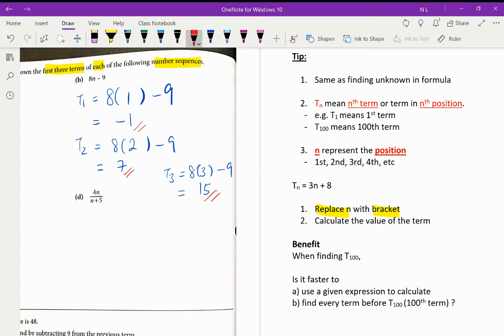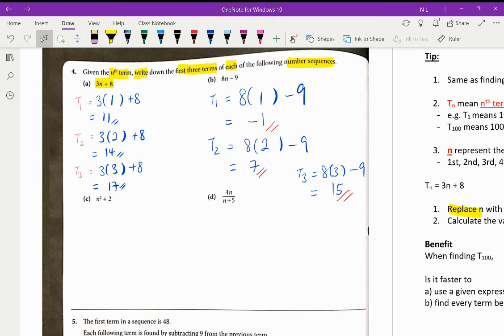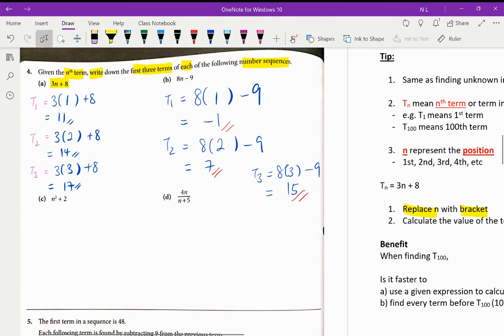So when I'm given an expression, this is how I find the first 3 terms or any term they ask us to find in a number sequence. Let's say if they ask us to find the 99th term for 4b, I'll just replace my n with a bracket, and inside that bracket I put 99.